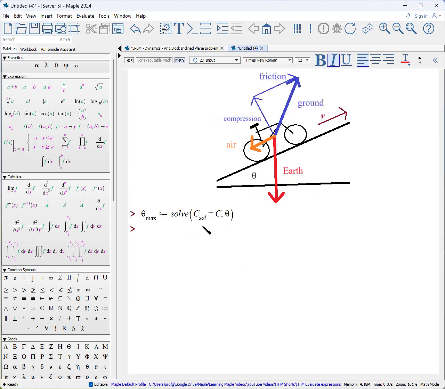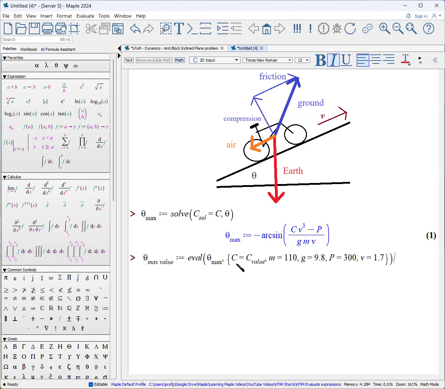Given our solution, we can go back to the expression for c and solve for the angle theta. This will determine our expression for what is the angle given a particular speed and power on our meter. The next question is, if I know that power and I know the minimum speed, what's the maximum angle I can climb?